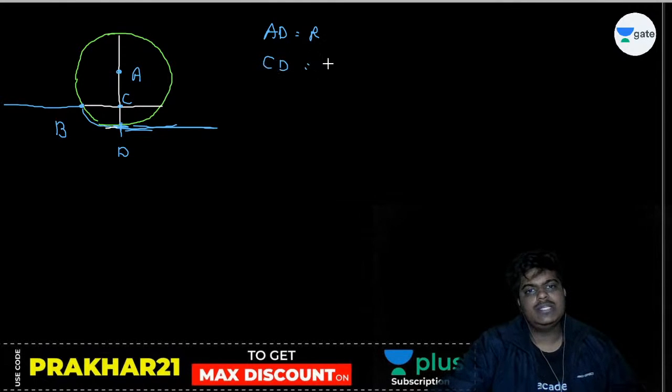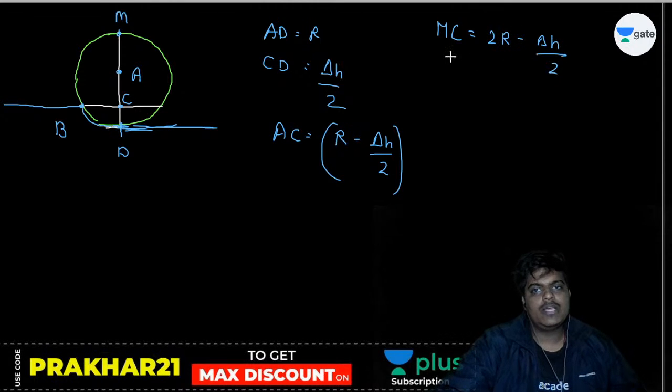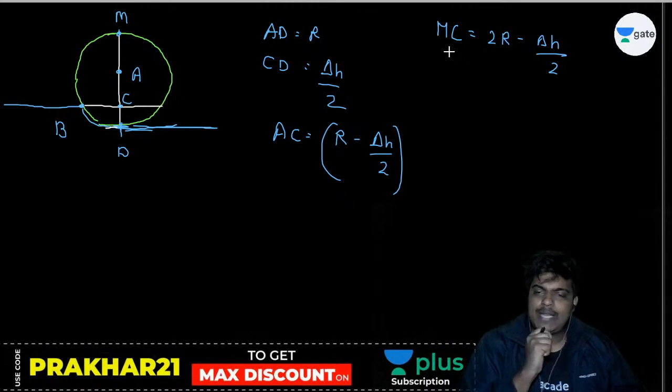Can you say CD is equal to del H by 2? बिल्कुल सही है. Can you say AC is equal to R minus del H by 2? Or let us say M. Can you say MC is equal to 2R minus del H by 2? Yes or no?